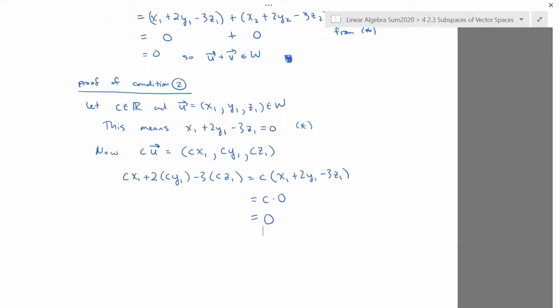Right, so this shows that the scalar multiple is also in W. Okay, so this shows the closure property, and so condition 2 is done.